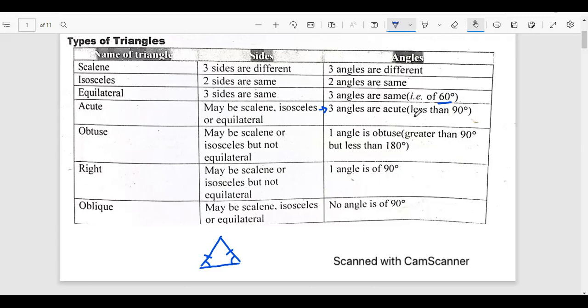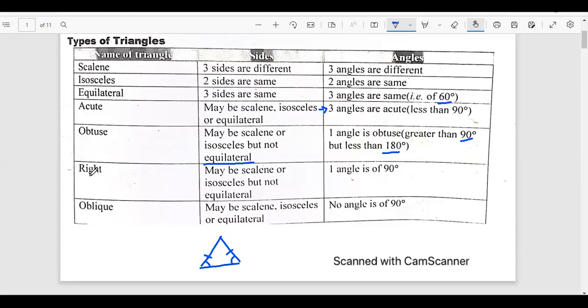If I'm saying obtuse, then it could be scalene or isosceles, but not equilateral because one angle should be obtuse. It should be greater than 90 but less than 180. It cannot be equilateral. Why? Because in an equilateral triangle, all the three angles are 60 degrees. So for obtuse, we need one angle to be obtuse.